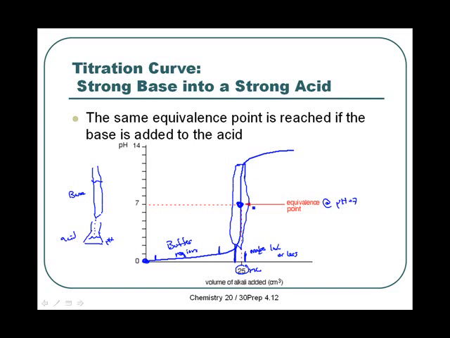What this means is we can choose any indicator that goes through a color change between a pH of about 3 and a pH of about 10 or 11. We'll say 10. Any indicator that undergoes its color change between a pH of 3 and 10 is going to change color quickly enough and soon enough so that we can find our equivalence point.